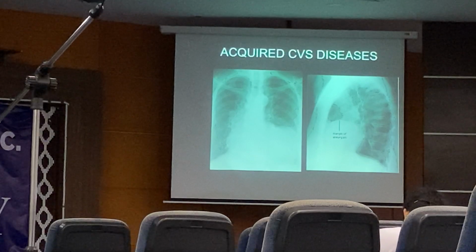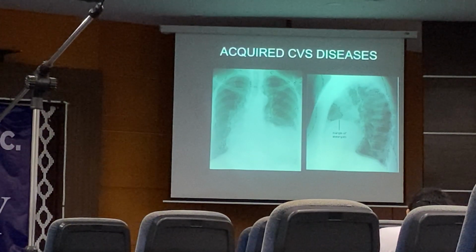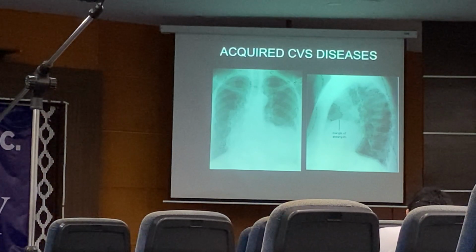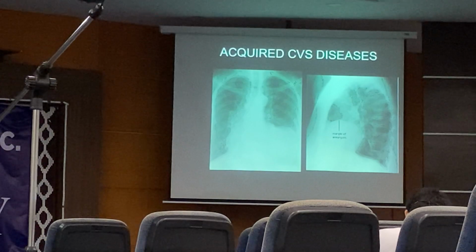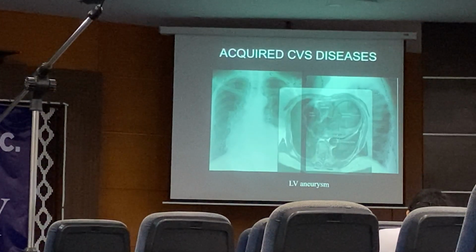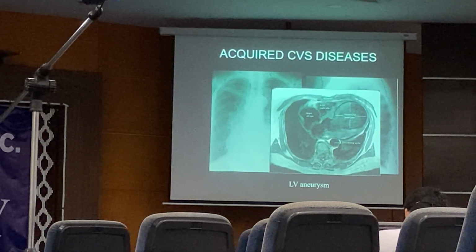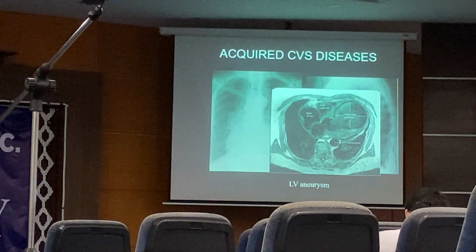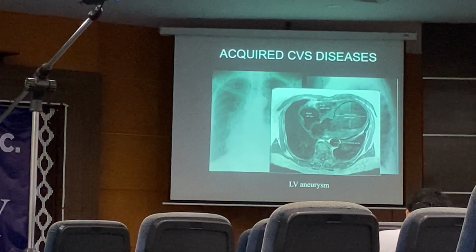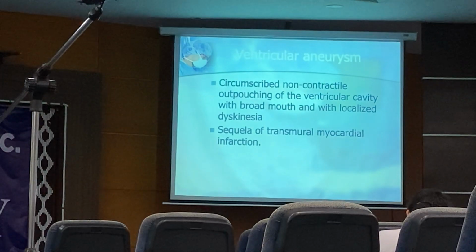CT. If you're thinking of a mass lesion, then go ahead for CT, so at least you'll see the entire picture of your chest. So here, they had an MRI, so you saw a left ventricular aneurysm.